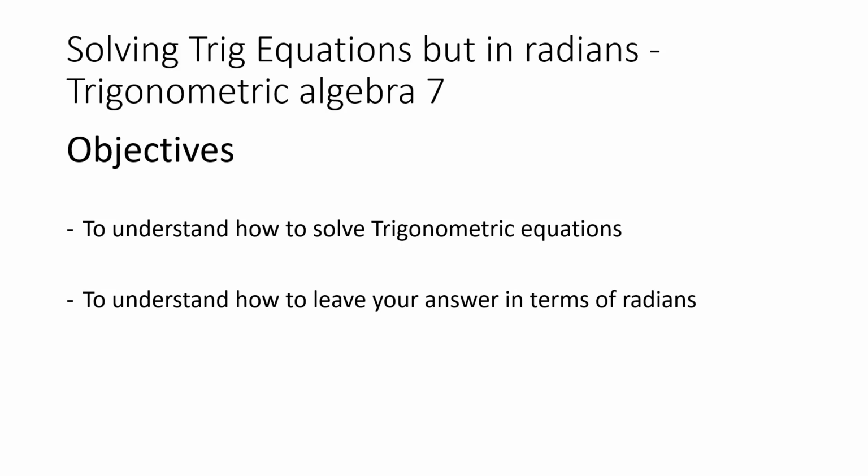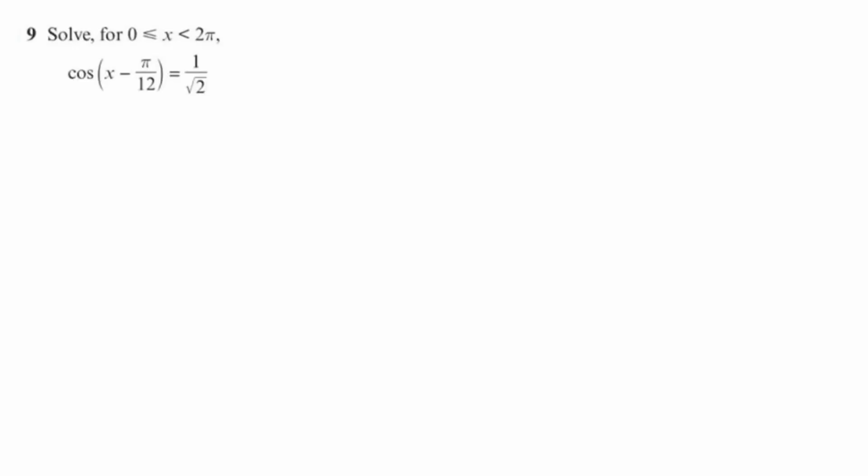Now that we know what radians are, let's learn how to properly use them in an equation. Solve for 0 to 2 pi, cos of x minus pi over 12 is equal to 1 over root 2. How do you work out what this thing in the middle is? We have to do the inverse. So x minus pi over 12 is equal to the inverse cos of 1 over root 2, which, if we put that in radians, we should get a quarter pi.